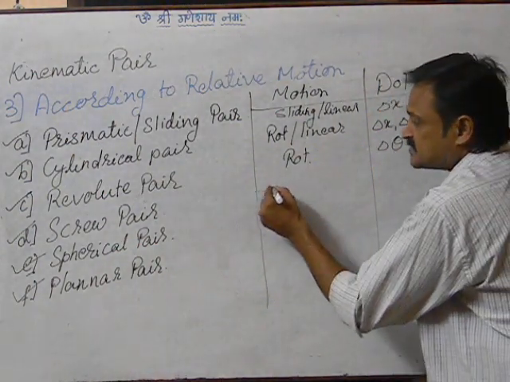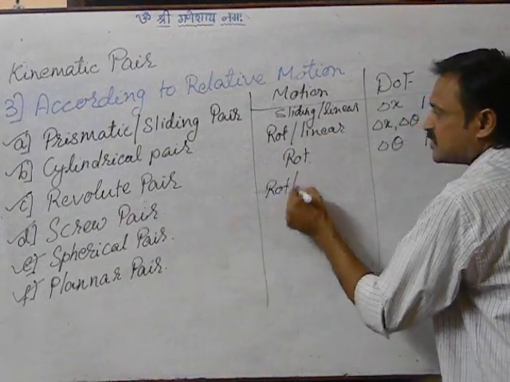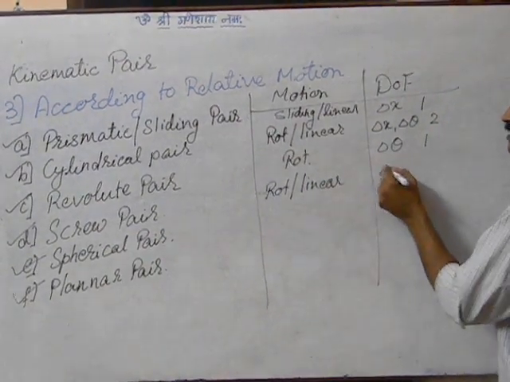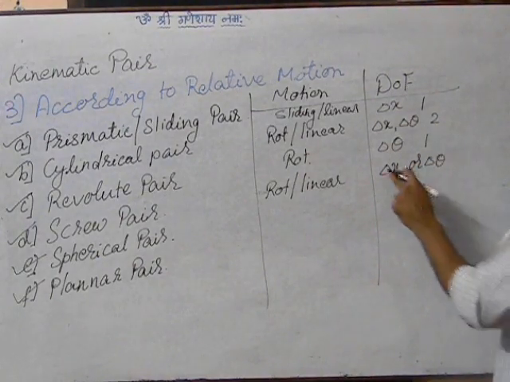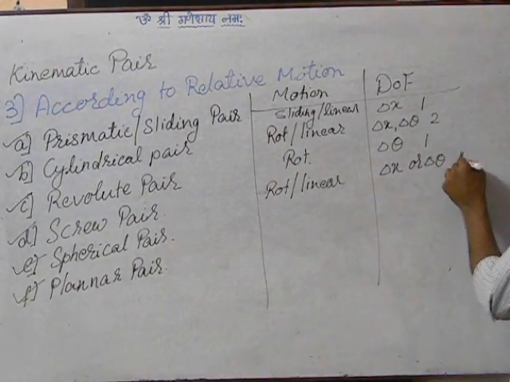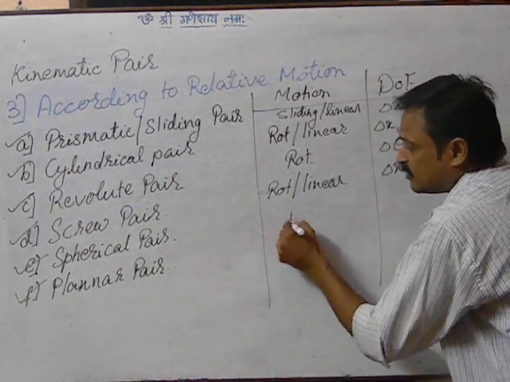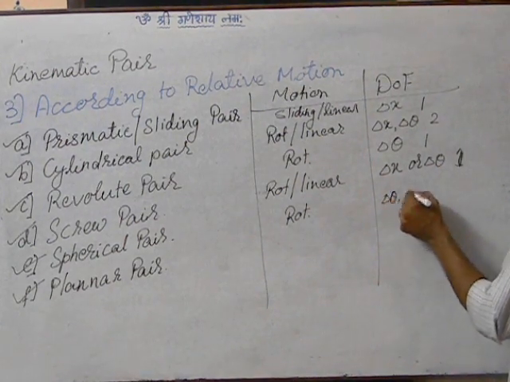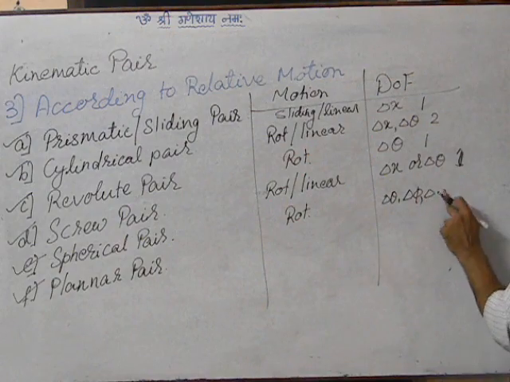In case of screw or helical pair, rotational and linear, so it has delta x or delta theta; though motions are 2, the degree of freedom is 1. In case of spherical pair, all motions are rotational, independent delta theta, delta phi and delta xi.